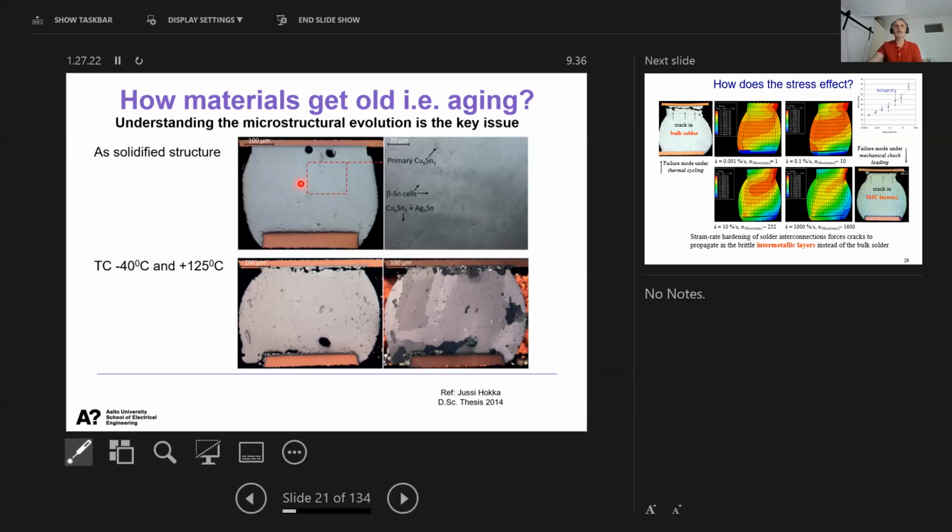Here it's strong but less ductile, and here it is more ductile but less strong, because the microstructure has changed.